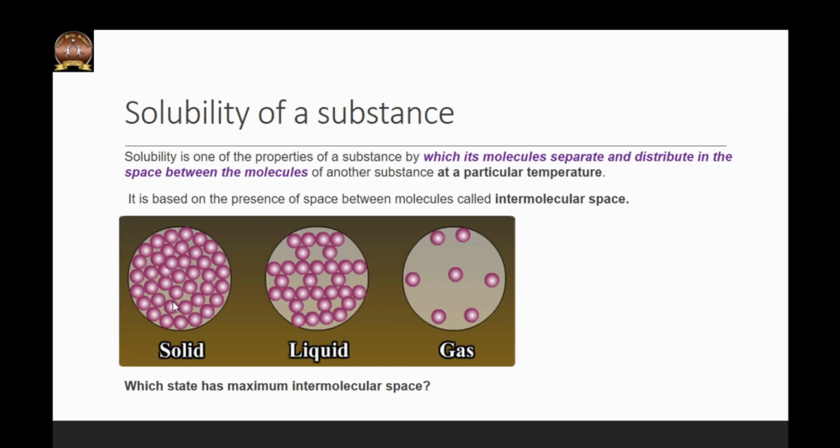So as you can see, solids have very little intermolecular space between them. Liquids have an intermediate amount of intermolecular space between them, which can very nicely lodge other particles or molecules. Gases have a lot of intermolecular space between them because they are not associated with each other and are freely moving around in the space available.